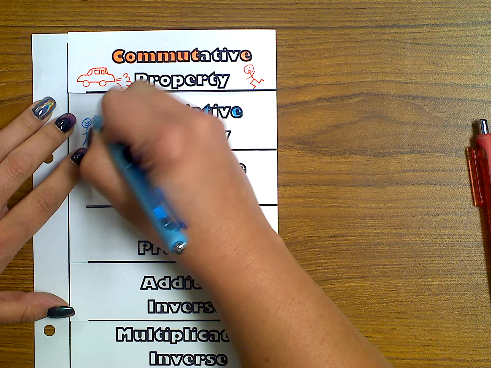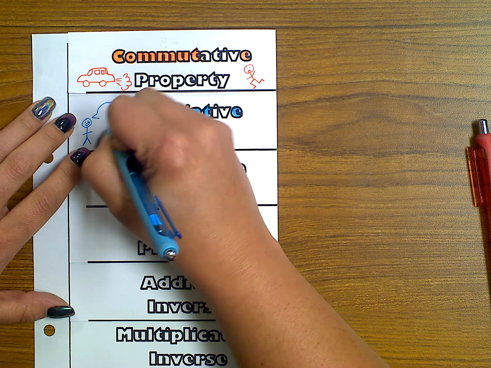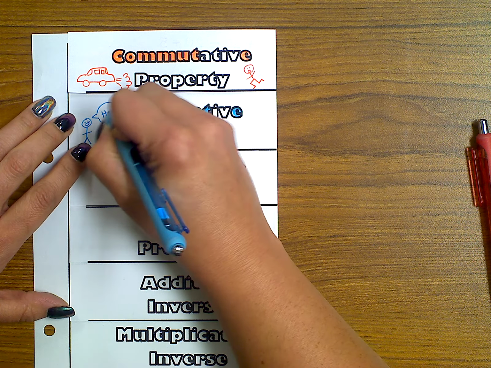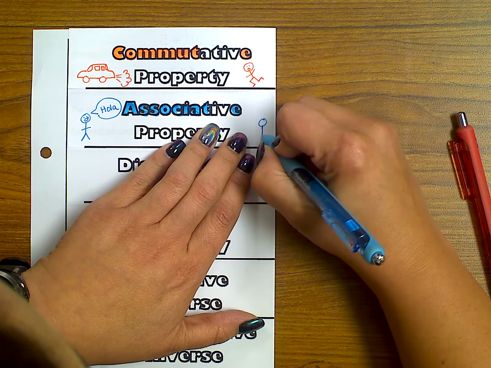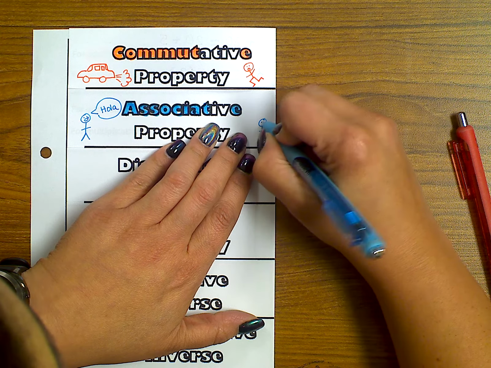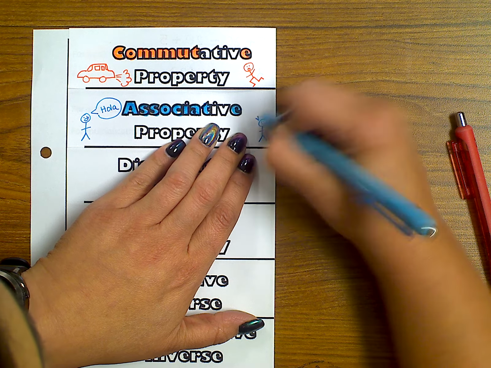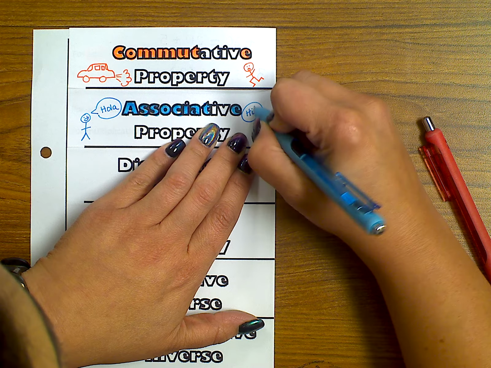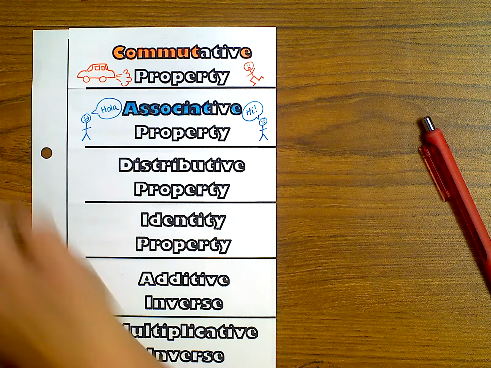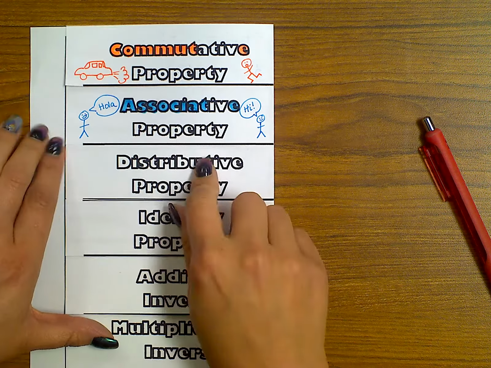So you're happy to see your coworkers, so you associate with them and you tell them things like, hey, hola. And they're like, what's up? I don't think what's up is going to fit there, so just hi. Okay, so associative property.